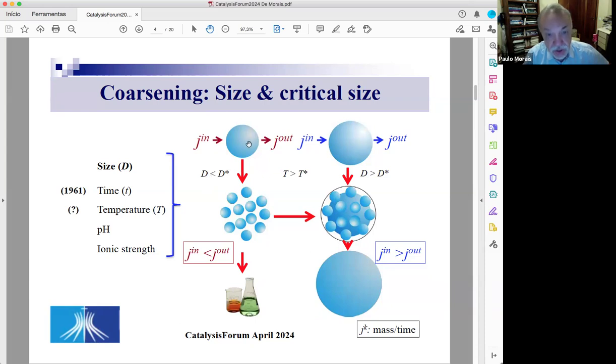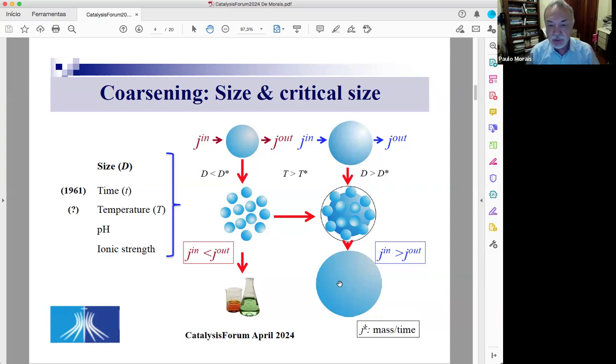On the other hand, there is the reverse process where the balance between J in and J out is such that what I call the add species in the particle leave the smallest particles and go to the bigger ones. And then many times you see a precipitation, which could be due to the coarsening process just increasing the mean size of the nanoparticles.